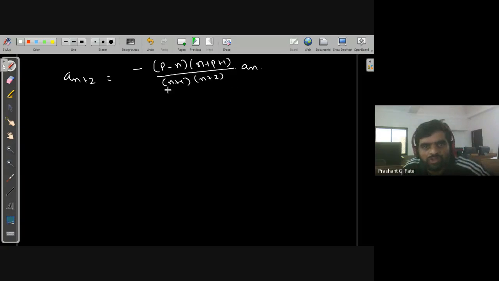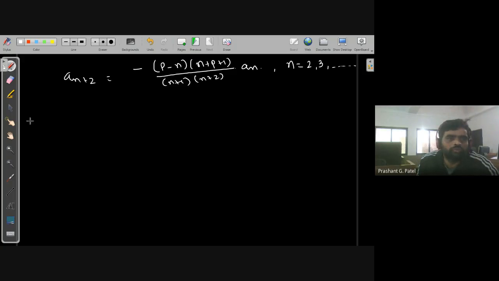This is the recurrence relation with a_n, where n starts with 2, 3, 4 up to so on. So when n is 2, we'll have a4.